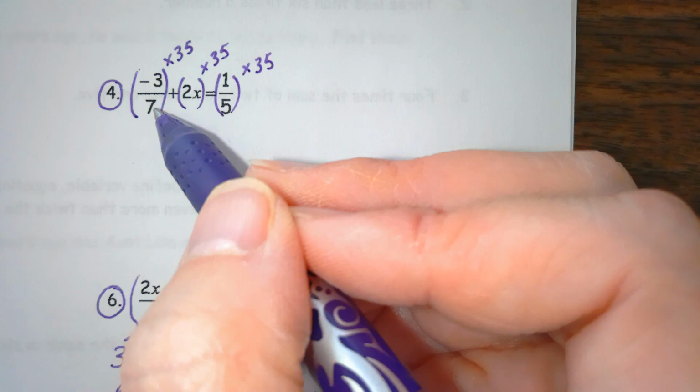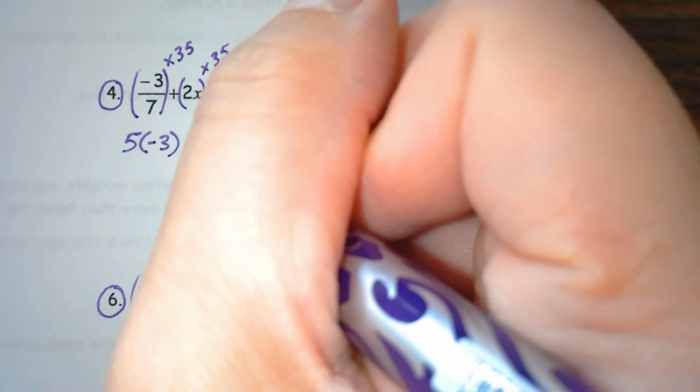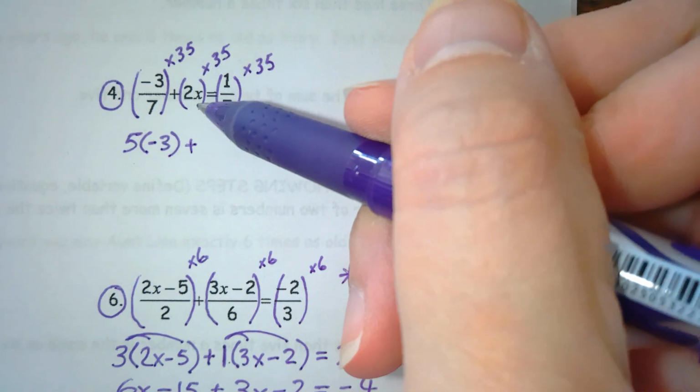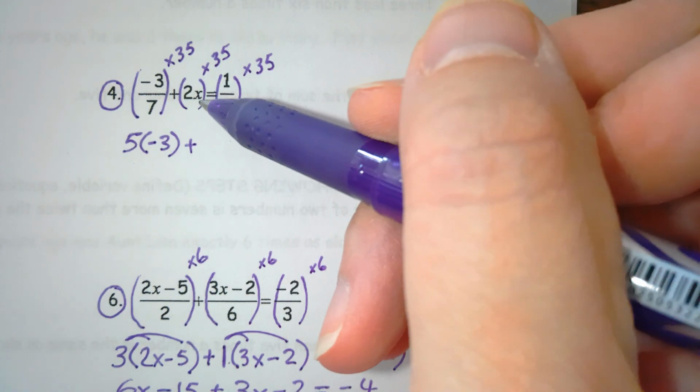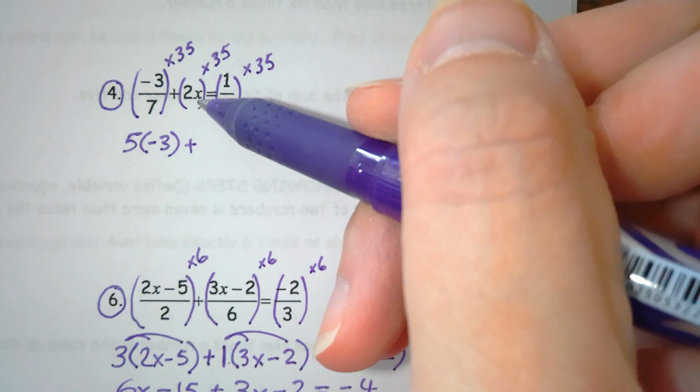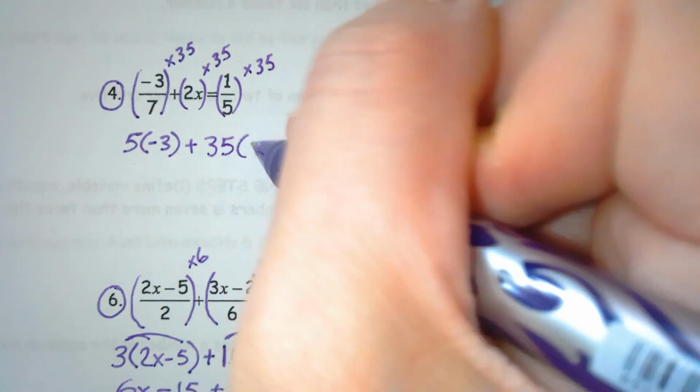35 divided by 7, 5. So 5 times my numerator, which is negative 3. I don't have a denominator here, so it's just 35 divided by 1, or just times 35. So 35 times 2x.